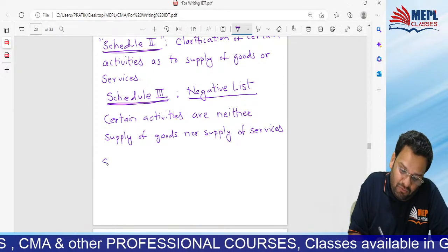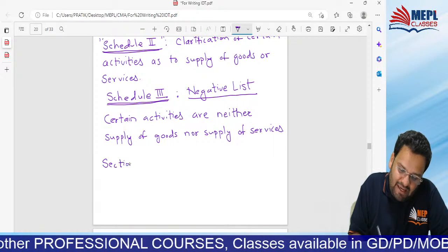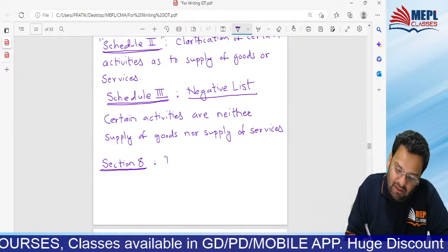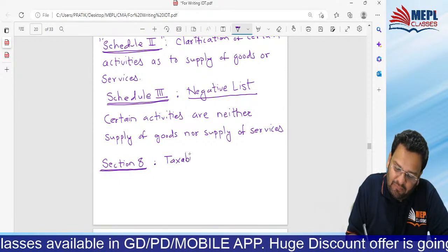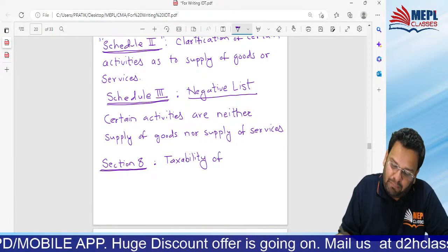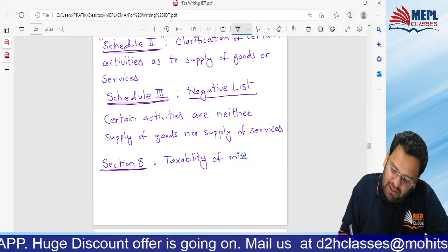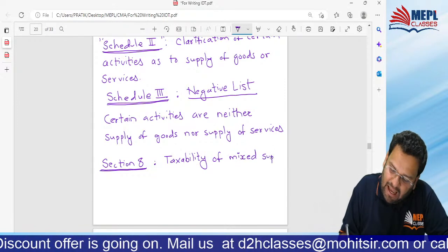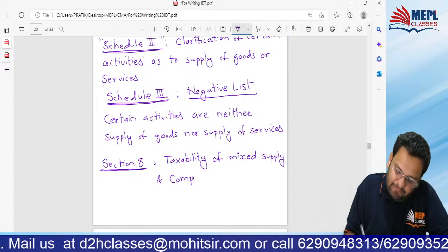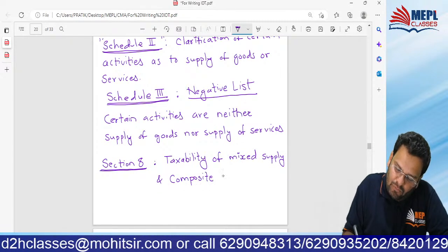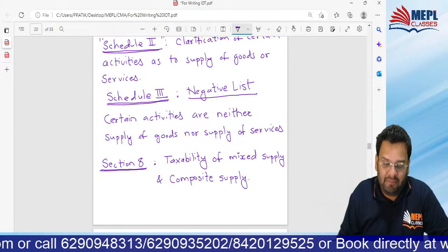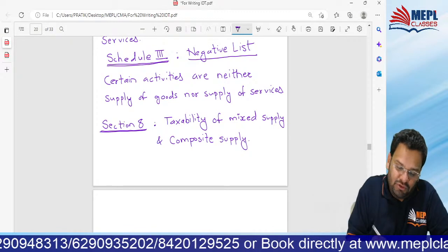Then we are going to do section 8. What is section 8? Section 8 is taxability of mixed supply and composite supply. Now what exactly is mixed supply and what is composite supply?